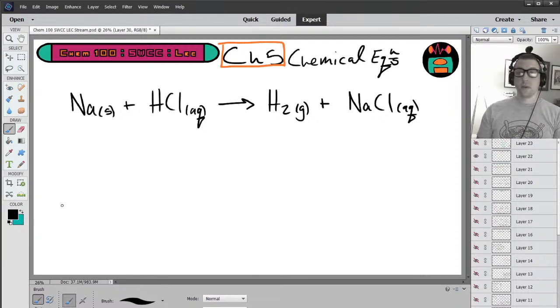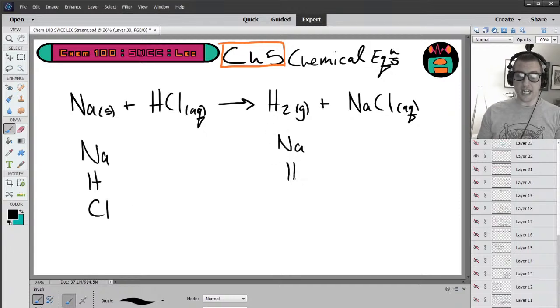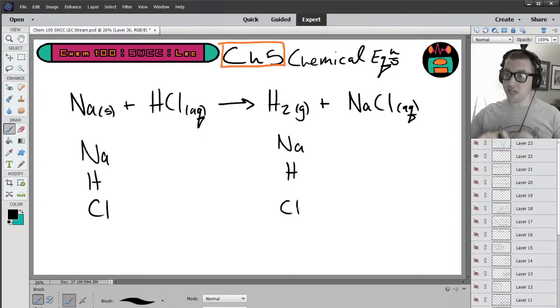All right. Whenever I'm doing a problem like this, I always take a chemical inventory. I write out each type of atom on both sides of this equation, and I count up how many of each there are. There are some people who can look at a chemical equation and just start throwing numbers and balancing it.